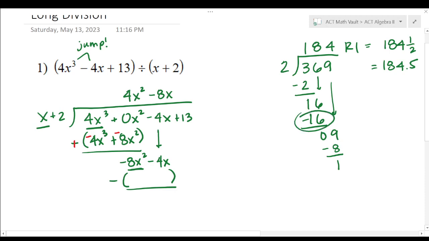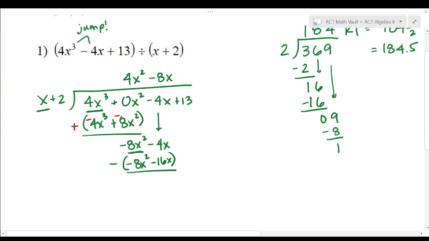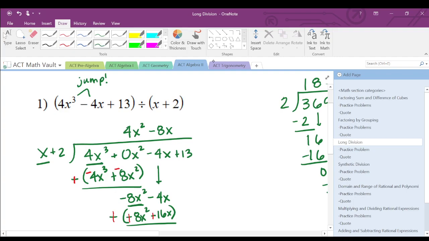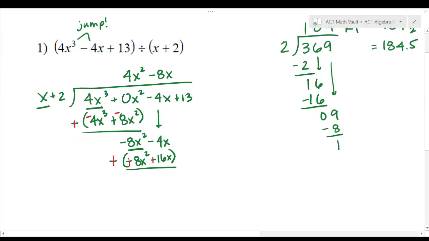We get negative 8x squared minus 16x. I need to distribute my negative and change all of the signs. And then you basically think of those canceling. We got 12x here, bring the 13 down.